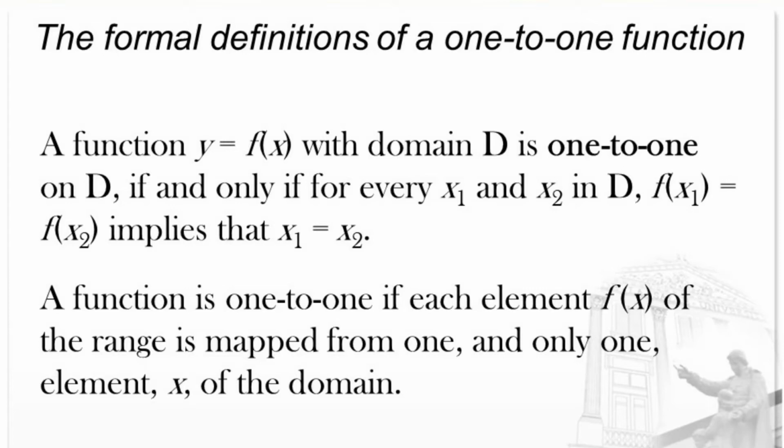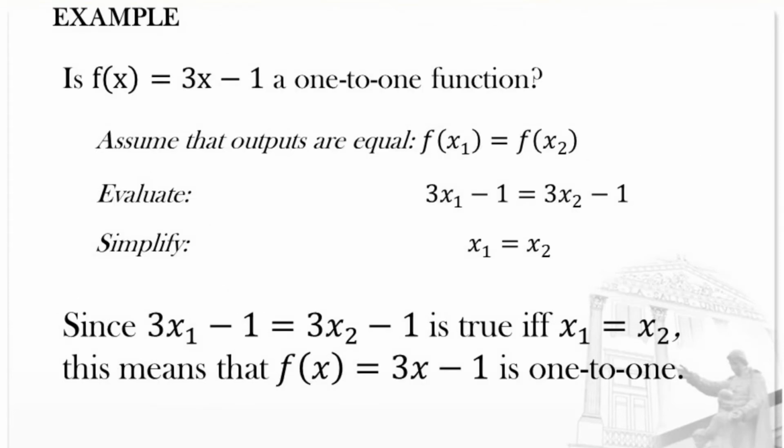For example, is f of x equals 3x minus 1 a one-to-one function? How do we know? Assume that their outputs are equal.